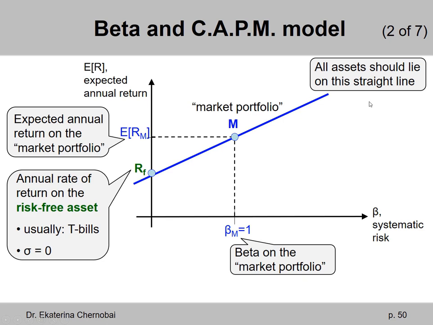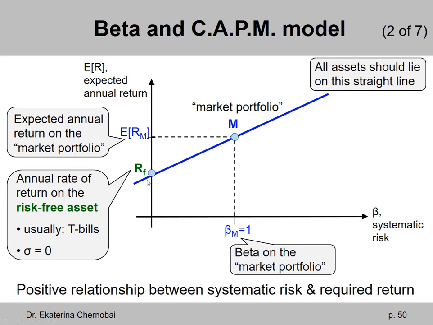And along this line, we can place all other stocks of all other companies, like Apple and Yahoo and Starbucks, anything you can think of. So this is where all other stocks should be. This is the correct relationship between how much systematic risk that particular asset has and what the required annual return should be that correctly reflects that amount of systematic risk.